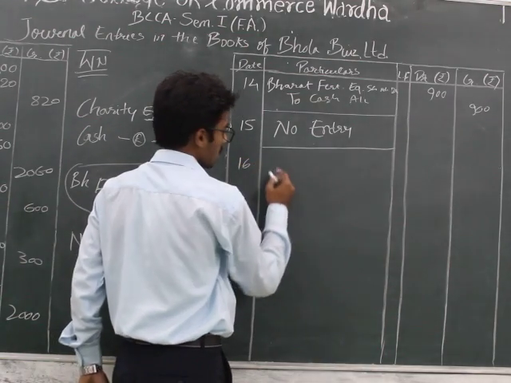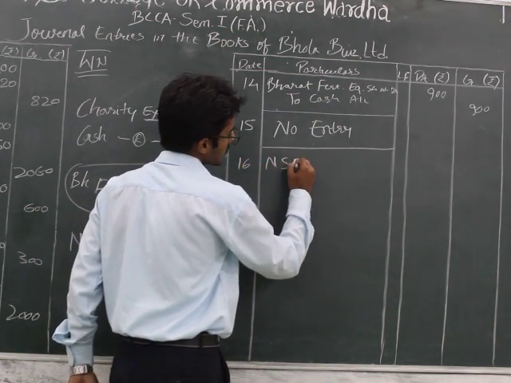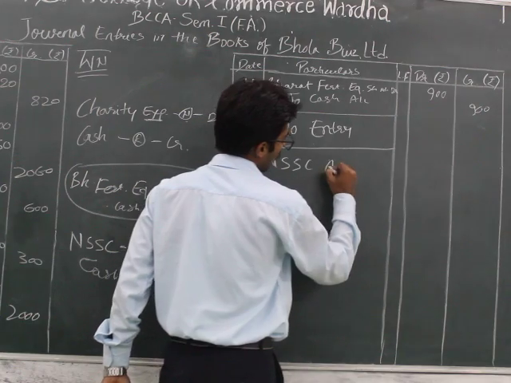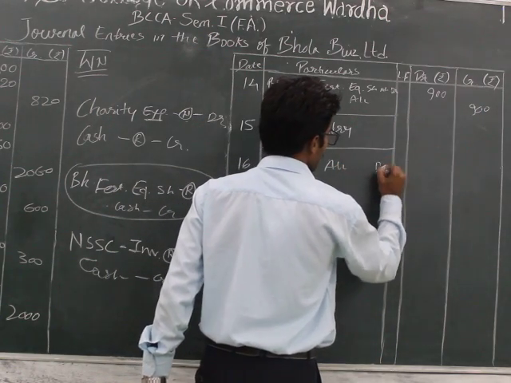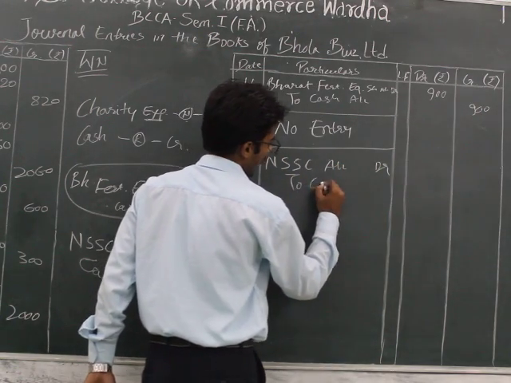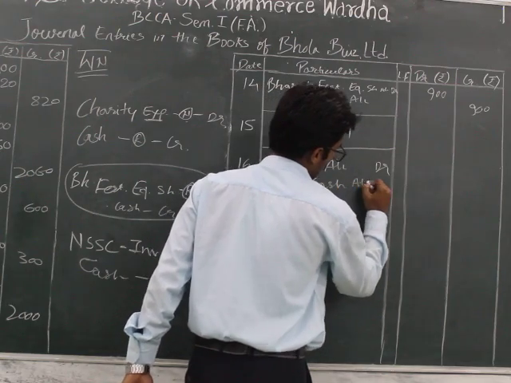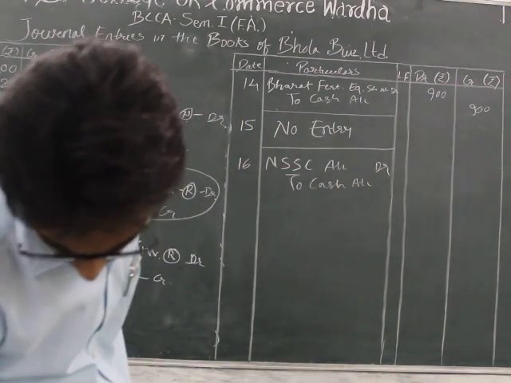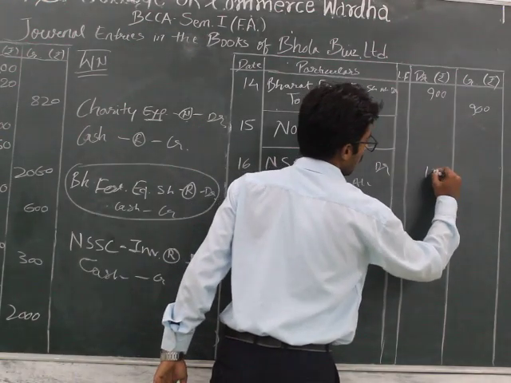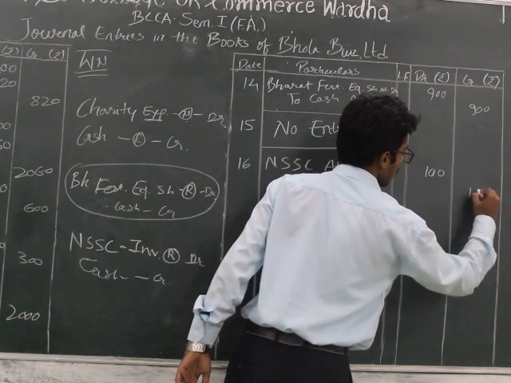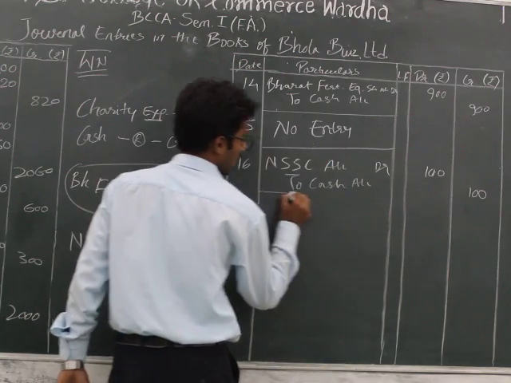So for the 16th, national small savings certificate account debit to cash account, and amount will be 100 rupees. Done.